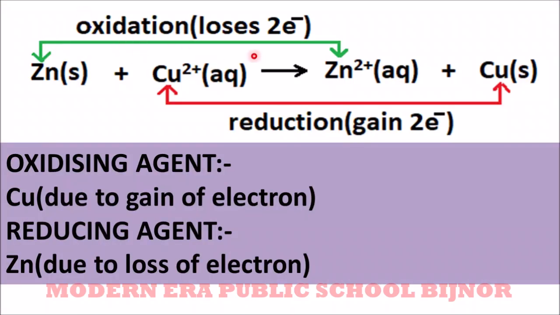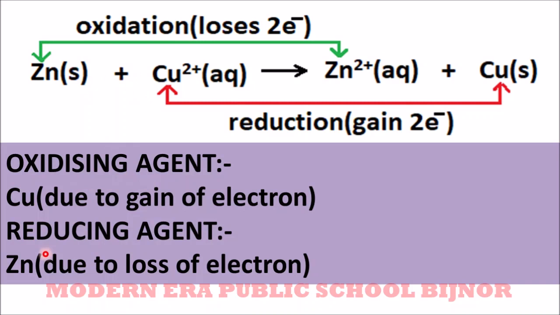Oxidation, because zinc loses 2 electrons, and copper gains the 2 electrons, so this comes into the category of reduction. If we discuss the oxidizing agent, copper is gaining the 2 electrons, so Cu2+ is said to be the oxidizing agent, and zinc supplies the electrons, so zinc is said to be the reducing agent.